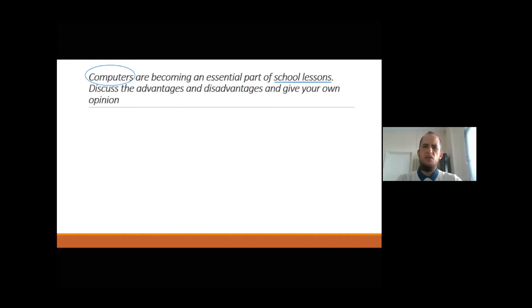And we've got a word that's pretty heavy in being essential or an essential part. So it's not just about using computers, it's about using computers as an essential part. Can anybody give us a synonym for essential?